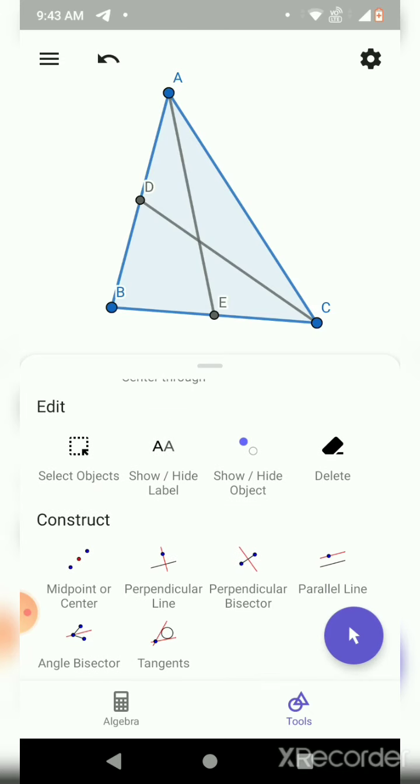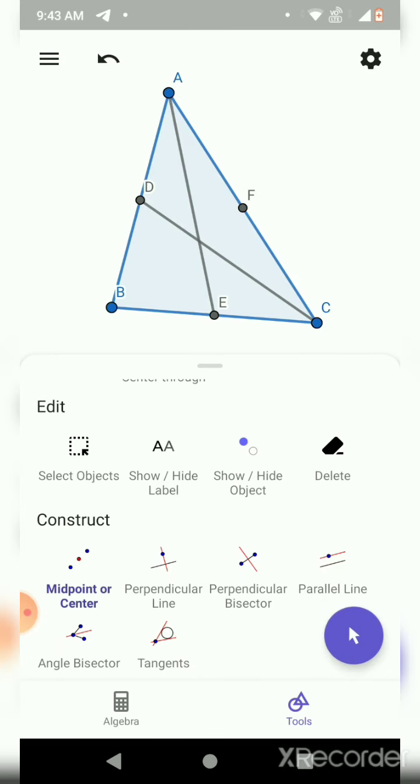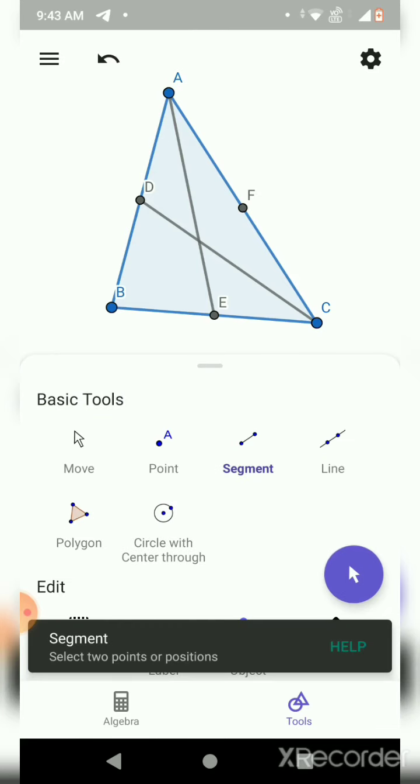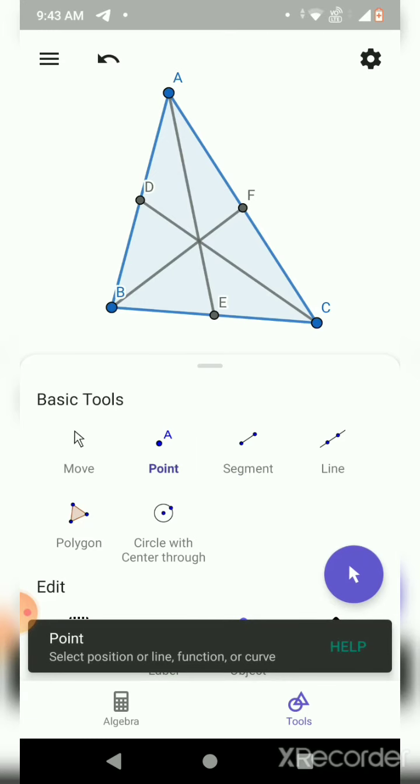Now I will draw the median of side AC. So first let's find the midpoint of AC, it is F, and now I'll join this midpoint F with the opposite vertex, so we'll get BF, which is the median. And if we observe, all these three medians are passing from one single point.